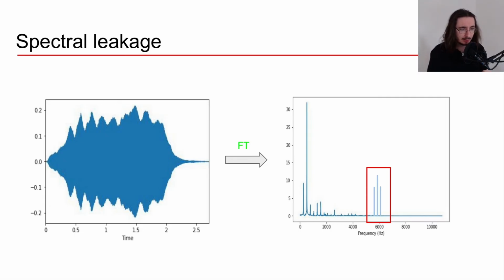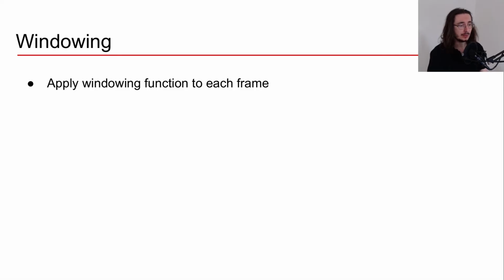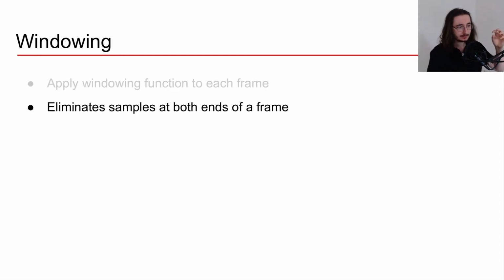Okay, now is there a way we can resolve this issue? We can minimize spectral leakage. Well, luckily for us, there is one, and it's called windowing. So let's take a look at windowing. The idea behind windowing is that we apply a windowing function to each frame before we feed the frames into the Fourier transform.